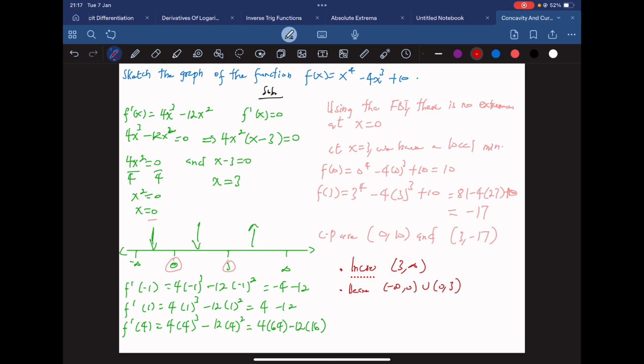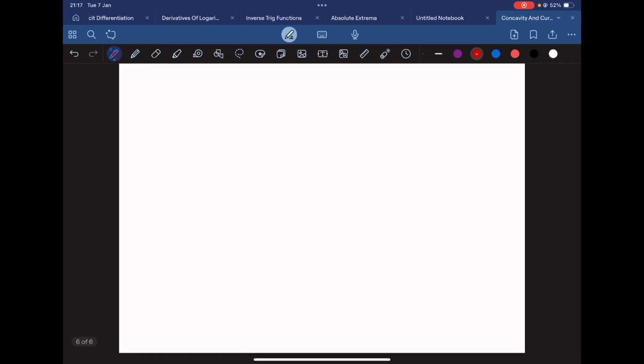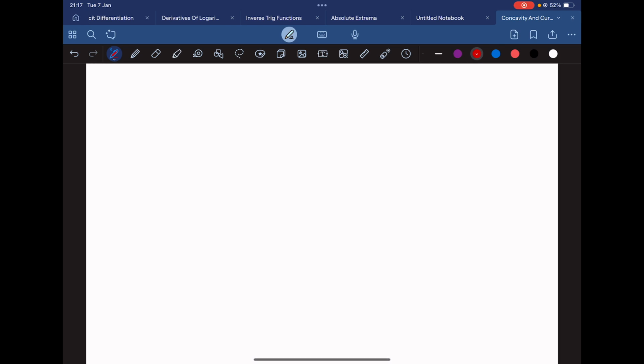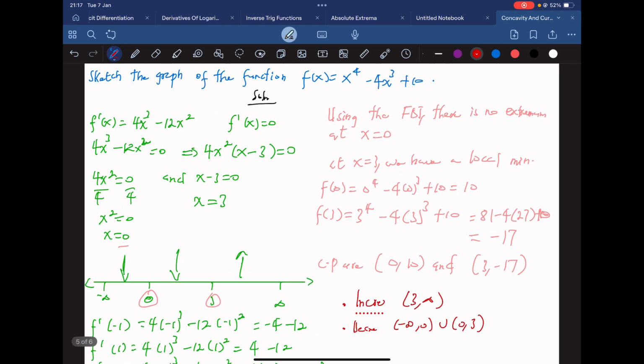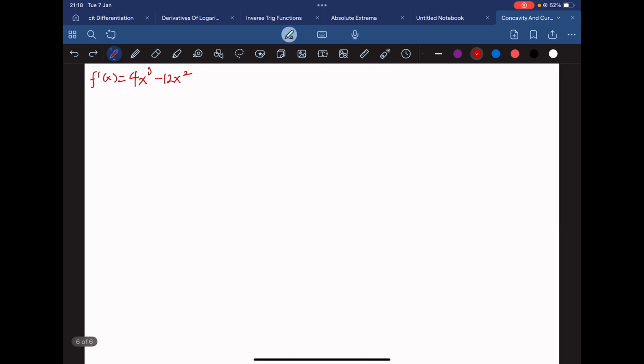Okay, so now since we've gotten to know the local extremum, and we've seen where the function is increasing and where it is decreasing, let's check where the function is concave up and concave down. From the previous slide, we saw that f prime of x is 4x cubed minus 12x squared. Now to find concavity, we have to check for the second derivative.